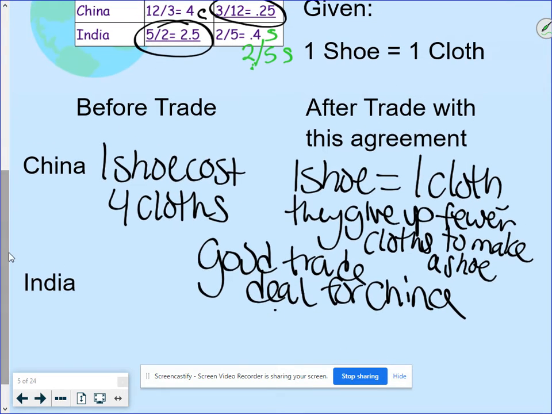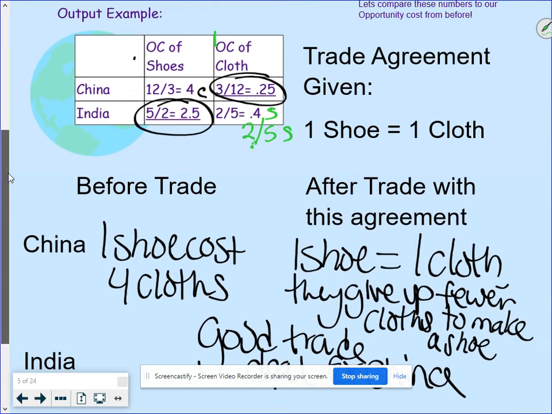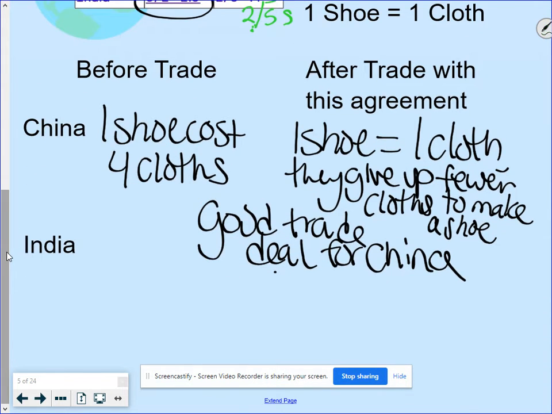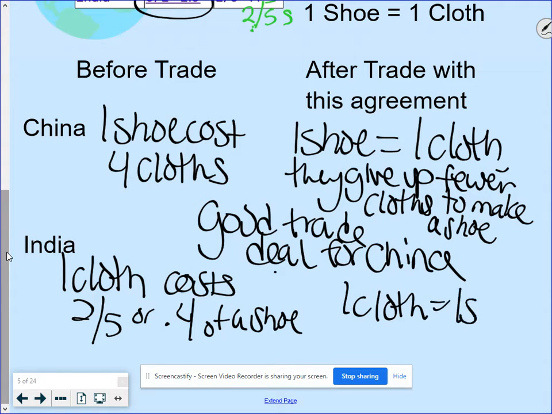Because in India, before trade, 1 cloth equals 2 fifths of a shoe, or 0.4 of a shoe. But now with this trade agreement, 1 shoe equals 1 cloth, or 1 cloth equals 1 shoe.